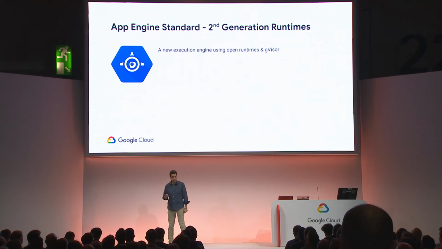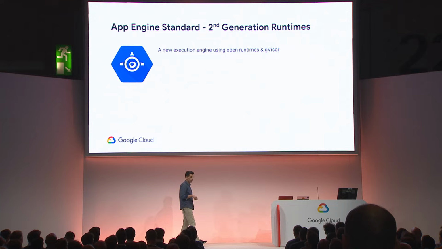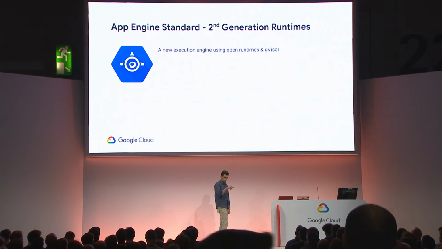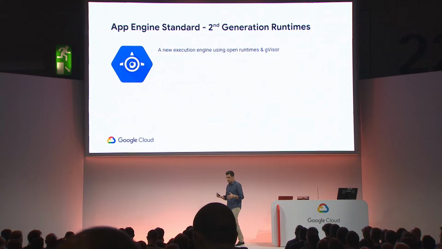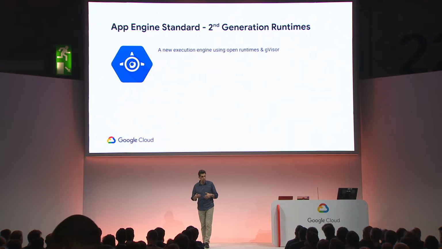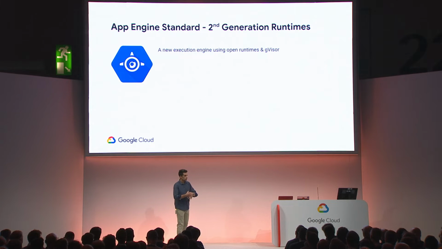Recently, earlier this year, we announced a new capability in App Engine, which is what we call second-generation runtimes. The earlier versions of App Engine back in the day had a model of producing language-specific runtimes that were curated by Google that had all the security holes plugged up and scaled very well and worked great in App Engine.